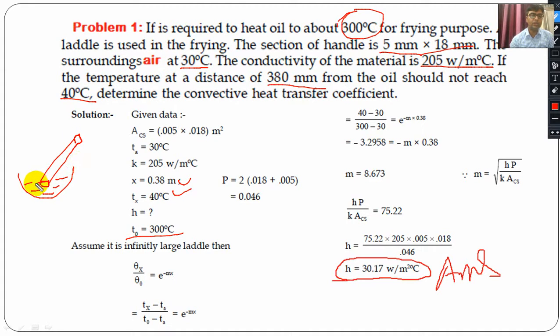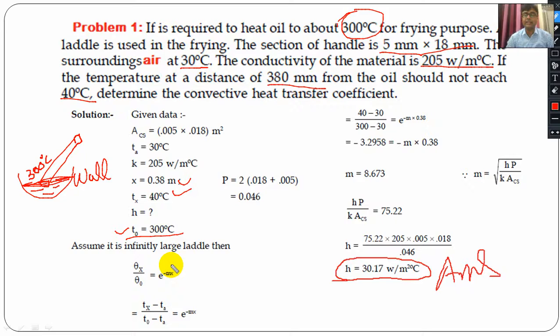So here the temperature is 300 degree centigrade. This particular space is considered as the wall. That's why this is the T naught temperature.